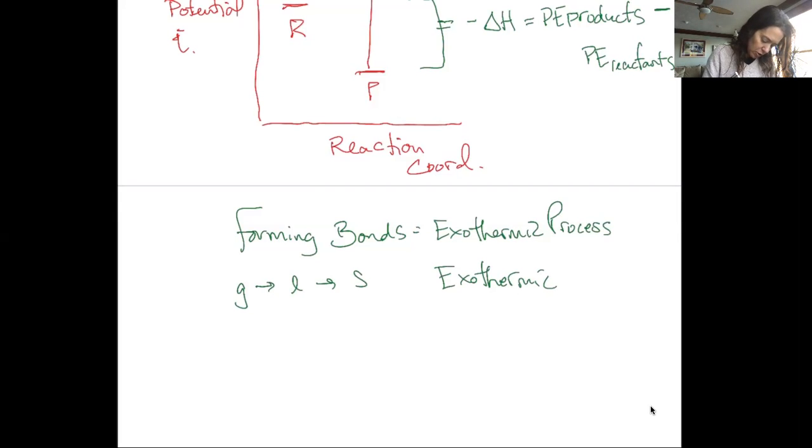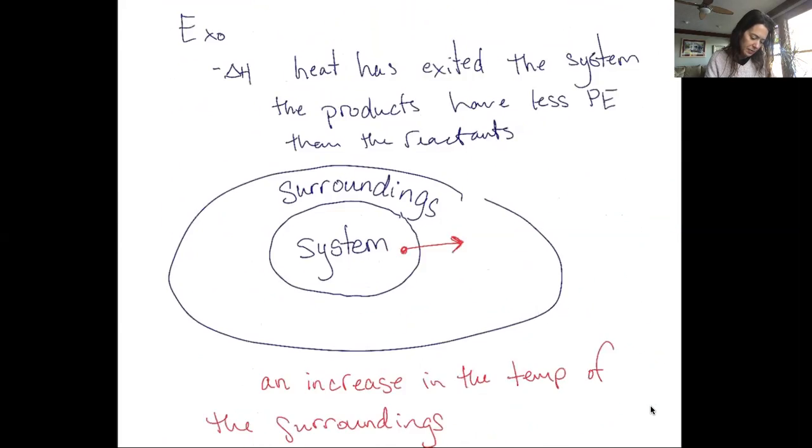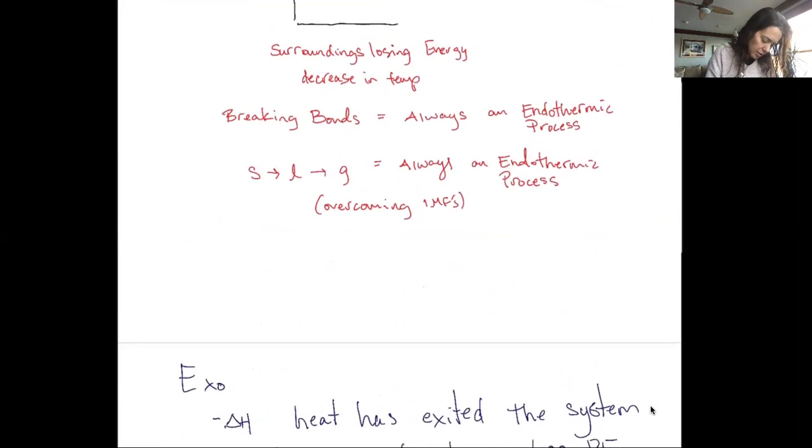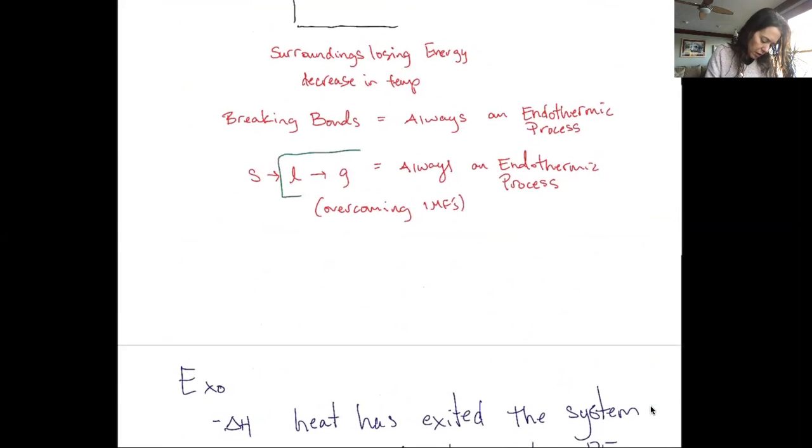What you do is you're kind of creating IMFs. IMFs are forming. So if you look up here, in this endothermic process, the process of going from a liquid to a gas, this is evaporation. What happens when you sweat?